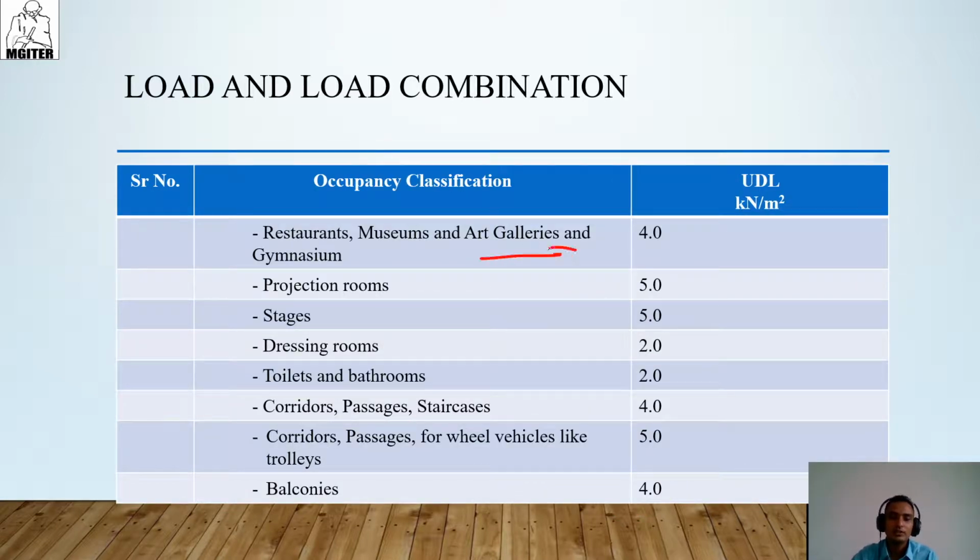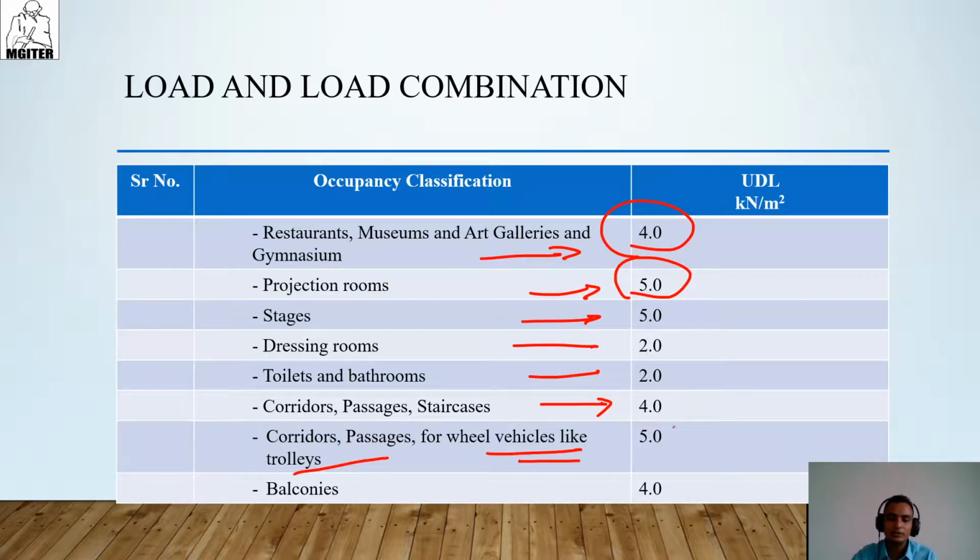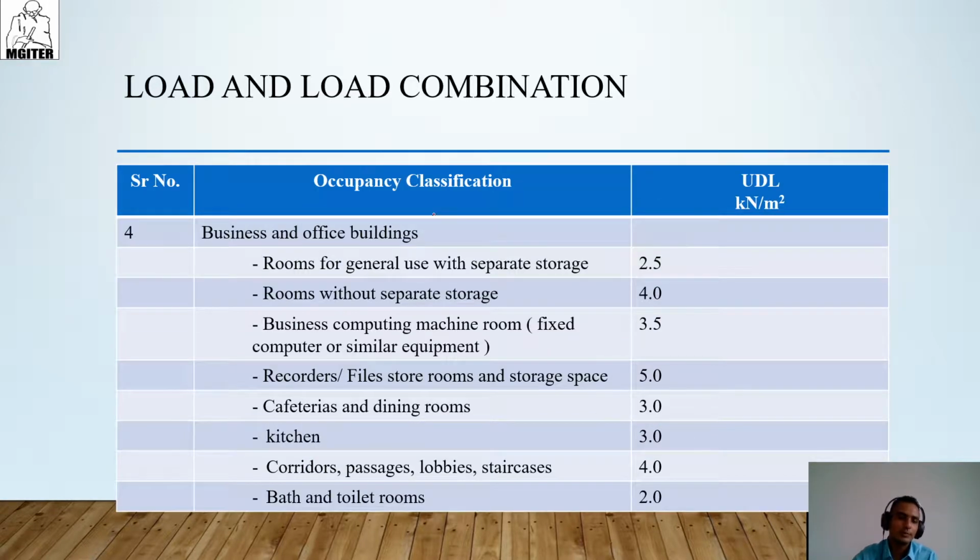Then after restaurant, museum, art galleries have 4, projection room 5, stages, dressing room, toilet, corridor passage for the wheel like a trolley, we have 5 kN per meter square, balcony rest 4 kN per meter square.